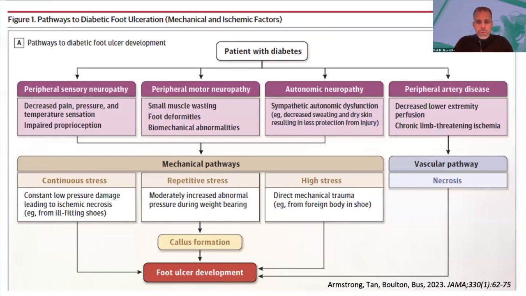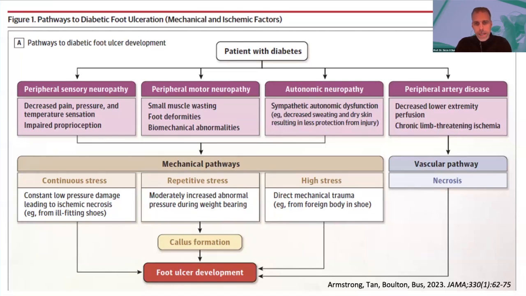When it comes to development of foot ulcers, apart from a purely vascular pathway where there's necrosis because of the vascular compromise, which can result in a foot ulcer, pretty much all foot ulcers have a mechanical pathway. So there are mechanical factors that determine whether a foot ulcer develops or not.